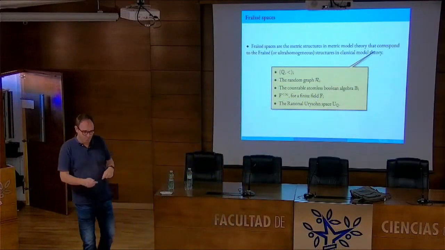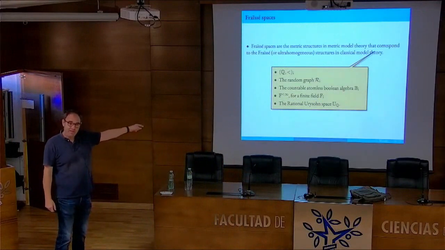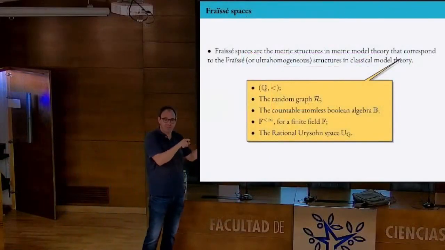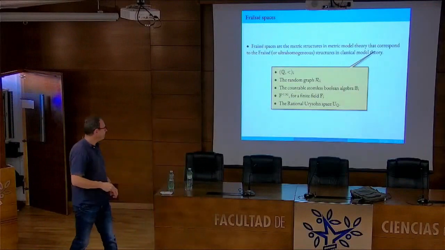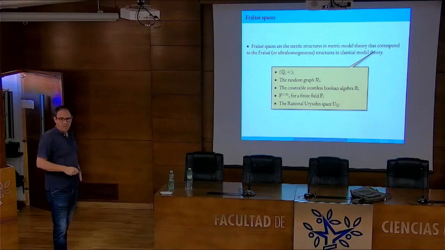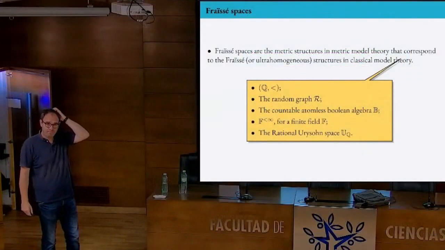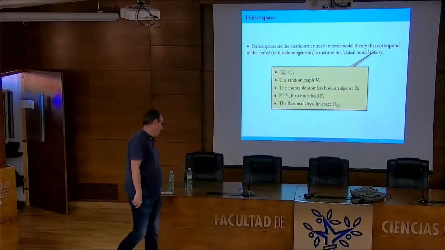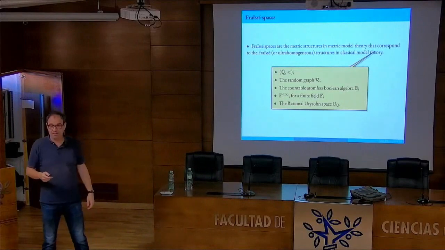The random graph is also the same: you have two finite graphs and an isomorphism between them, then you can extend it. Then the countable atomless Boolean algebra, which is the clopens in 2 to the n, the binary tree, or in the unit interval, the dyadic unions of dyadic intervals.